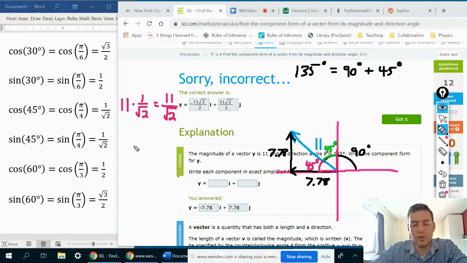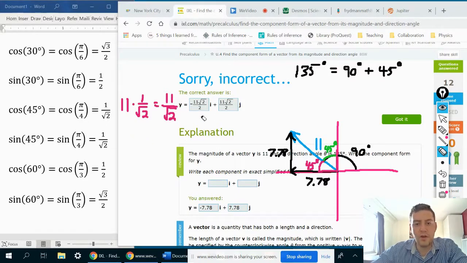If we do 11 times the sine of 45 degrees, then that would also be 11 times 1 over the square root of 2. Okay, so at least the absolute value of both of the components is going to be the same. You'll see why I said absolute value in a second, because one is going to be positive and one is going to be negative. But there's no need for me to write this twice, so let's erase that.